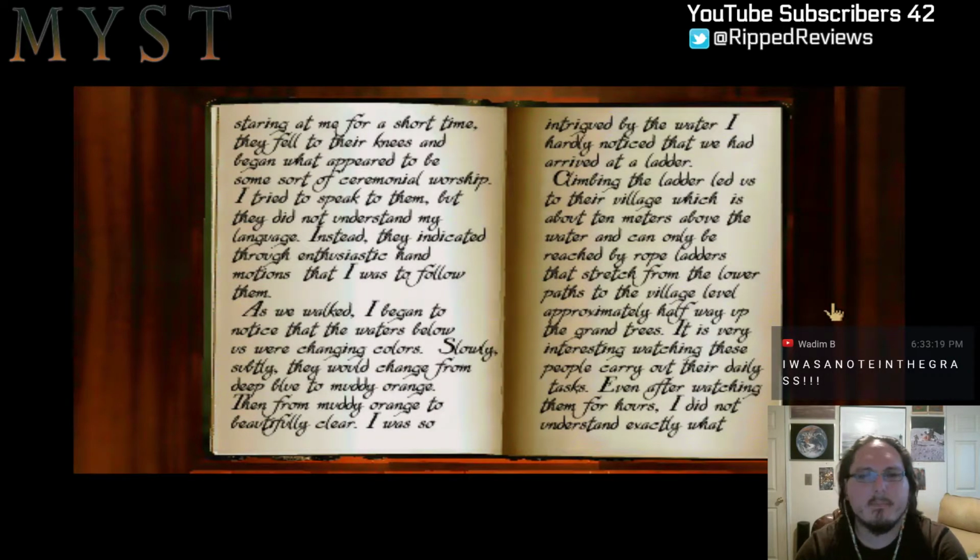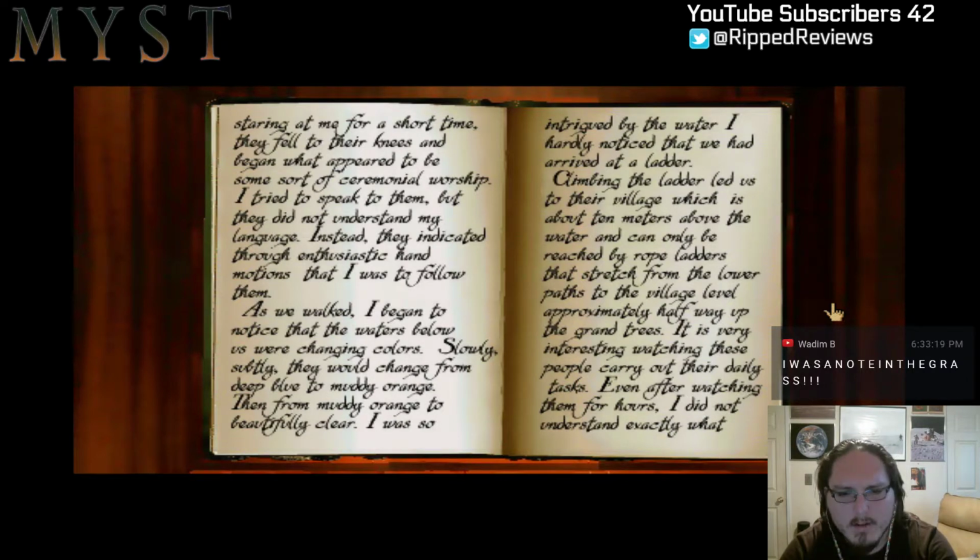After staring at me for a short time, they fell to their knees and began what appeared to be some sort of ceremonial worship. I tried to speak to them, but they did not understand my language. Instead, they indicated through enthusiastic hand motions that I was to follow them.